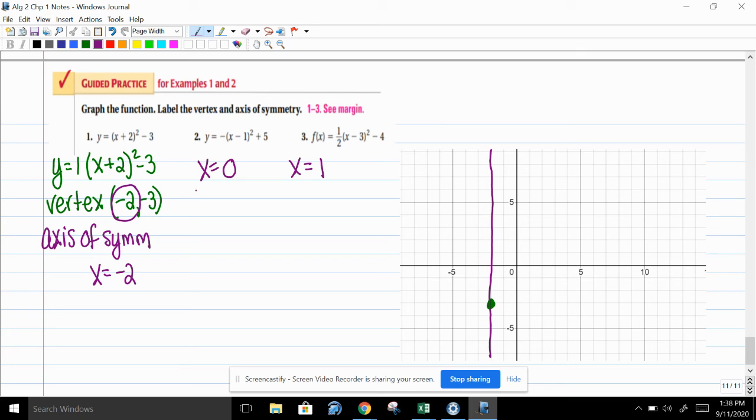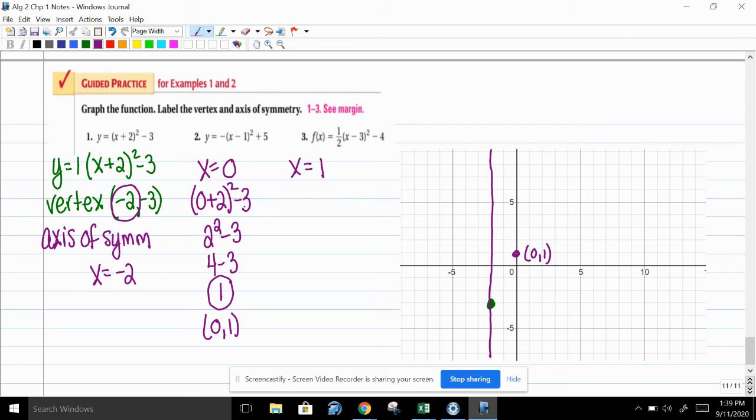When x is equal to 0, I have 0 plus 2 squared minus 3, which is 2 squared minus 3, which is 4 minus 3, which is 1. So the point (0, 1) is on my grid, right there.